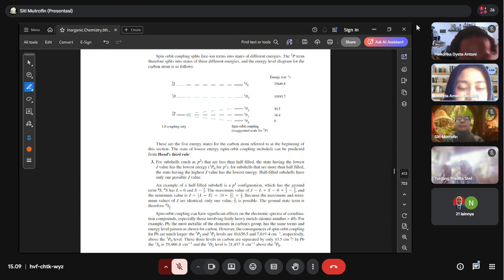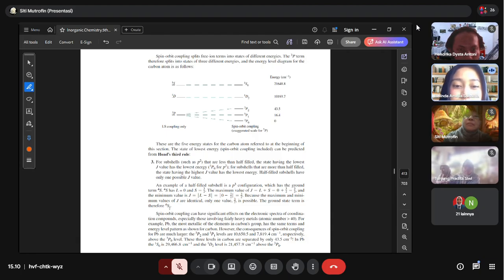Untuk subkulit seperti p kuadrat yang memiliki setengah atau kurang dari subkulit yang tidak terpenuhi itu, the state having the lowest J value, maka keadaannya memiliki nilai yang rendah dan memiliki energi yang rendah.